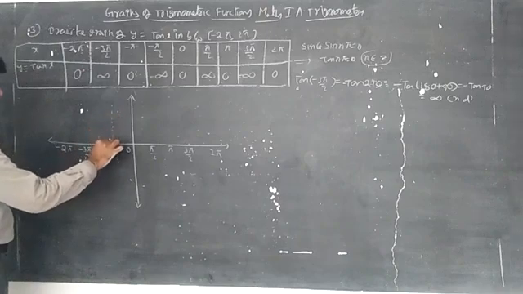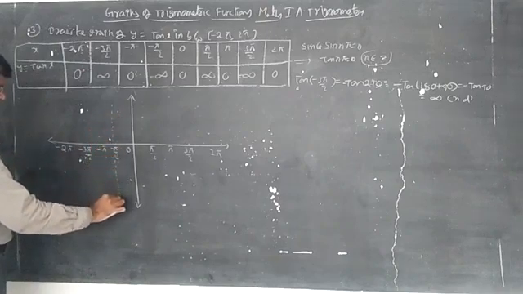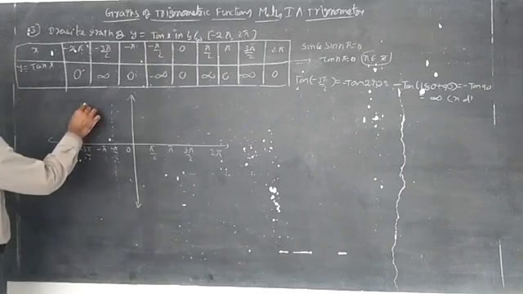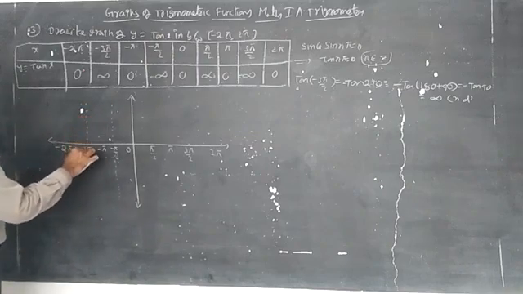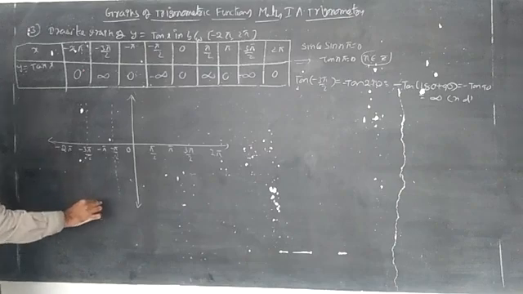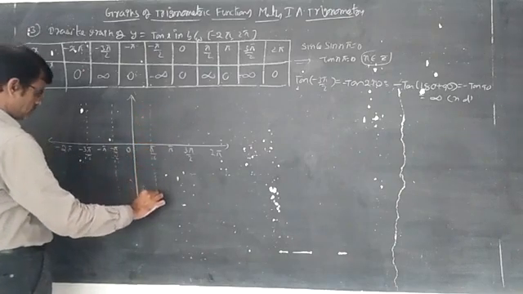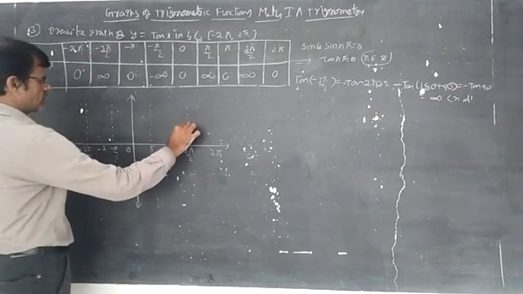Whenever it is not defined, simply draw dotted lines at minus pi by 2 and for minus 3 pi by 2. Draw lines like this. This is the way to draw the graph of tan x.